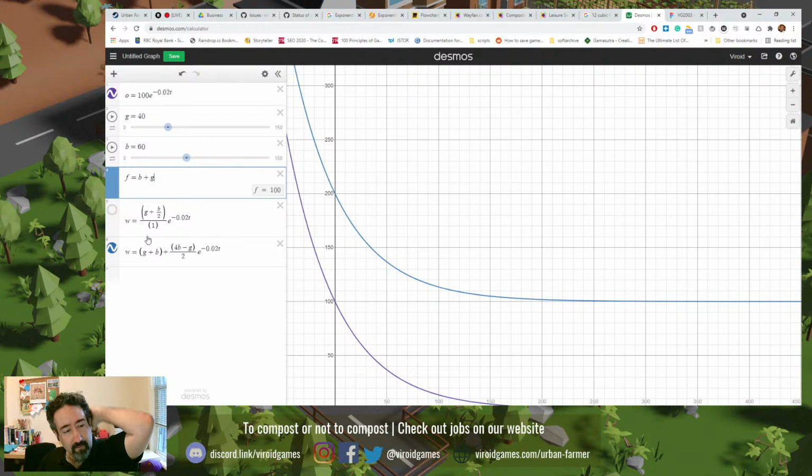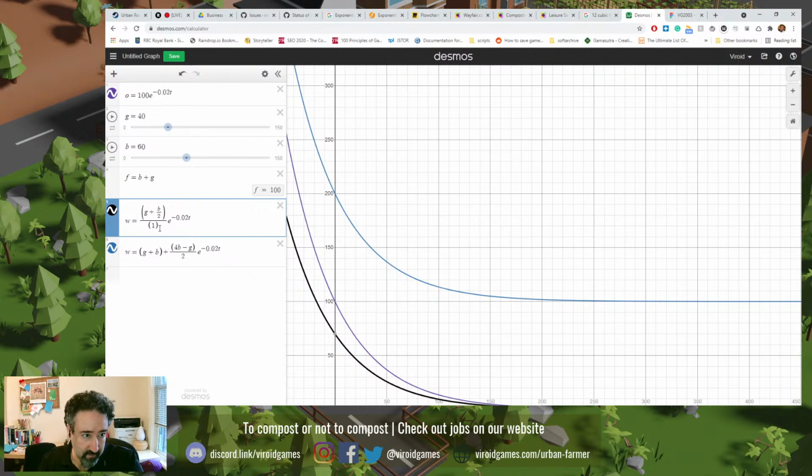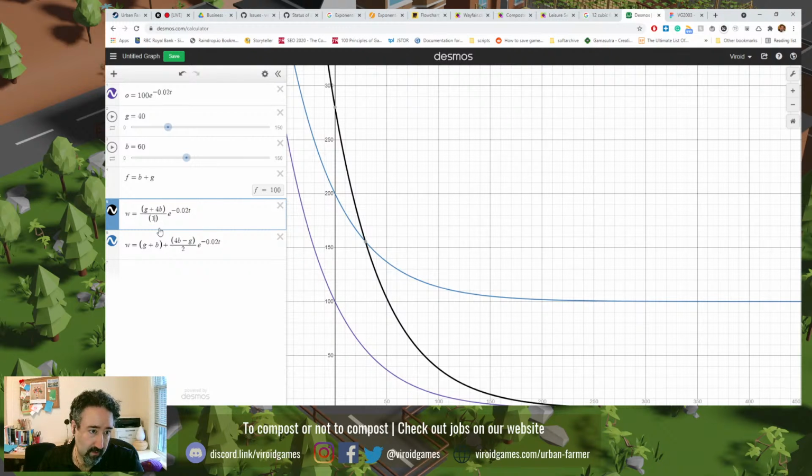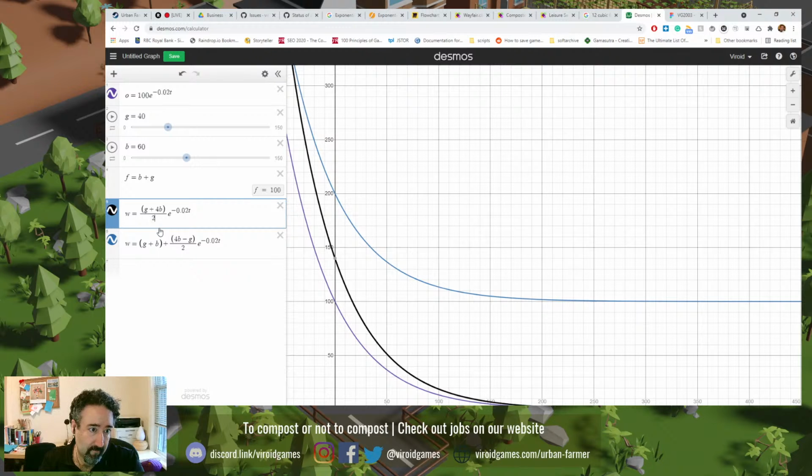And I think that's really where things are kind of off. It's for what? 4B plus G, go away, the maximum. And I did the math again wrong.